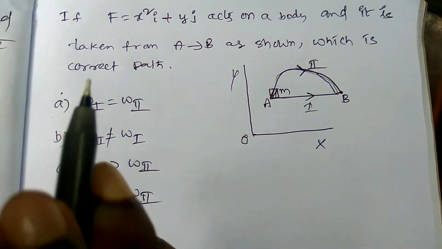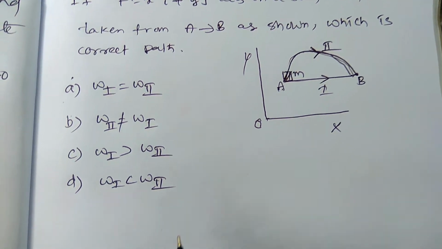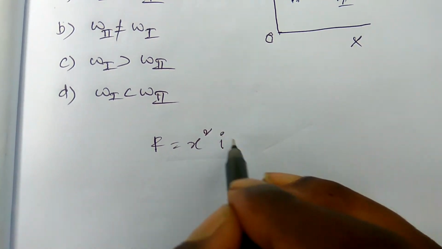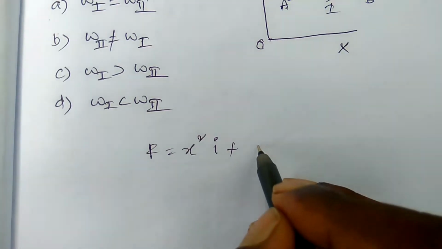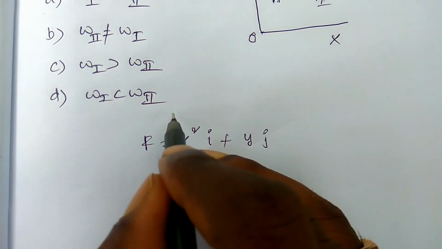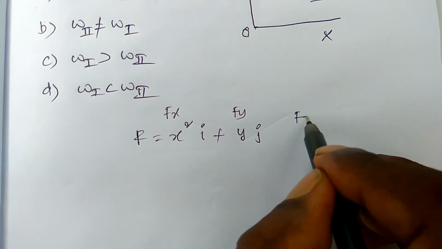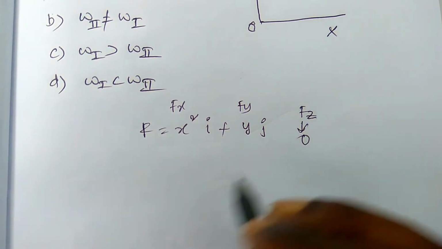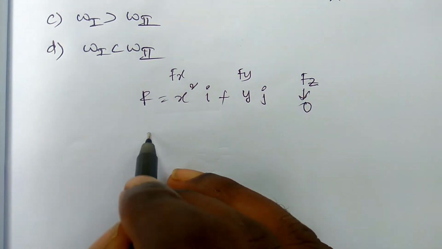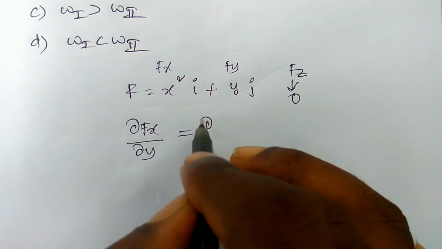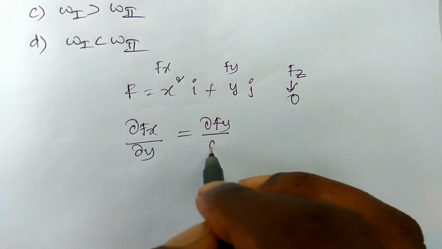So let us check whether it is conservative or non-conservative. Here they have given F is equal to x square i plus y j. So this is Fx and this is Fy, and Fz is equal to 0. First condition, del Fx by del y is equal to del Fy by del x.